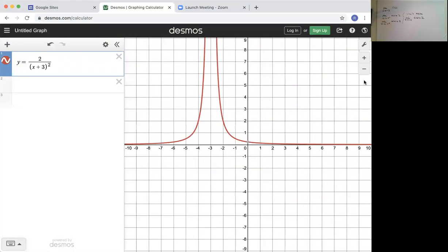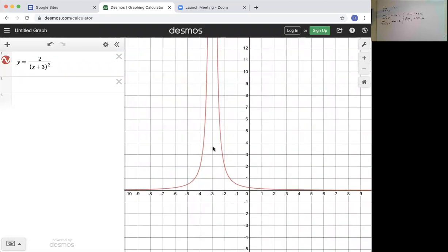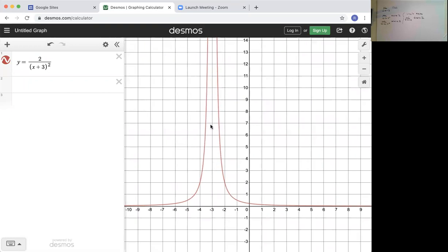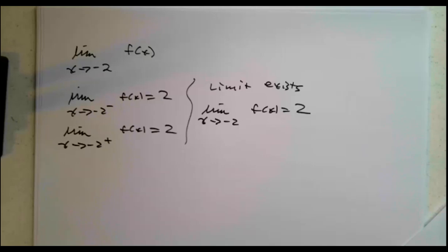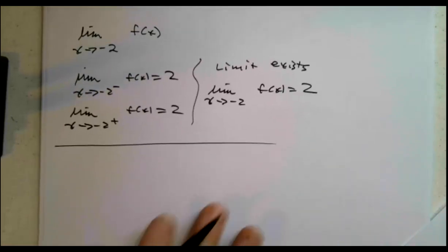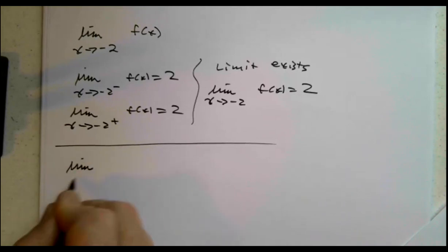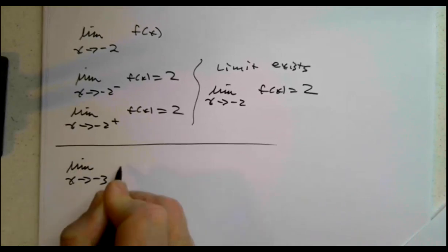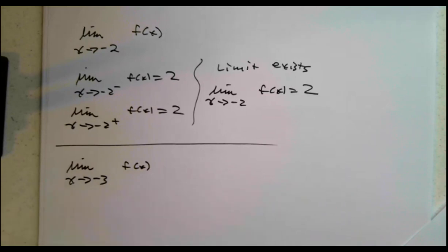Now, what's happening at -3? As I approach -3 from the left, as I approach -3 from the right, what is happening to the graph? So that's our next question. The limit as x approaches -3 of f of x.